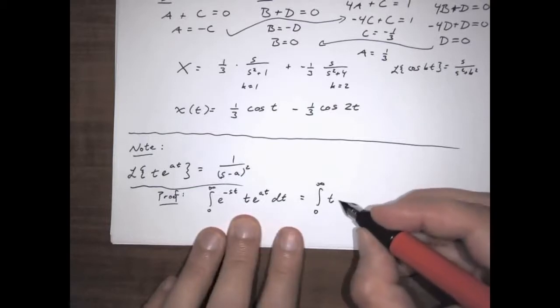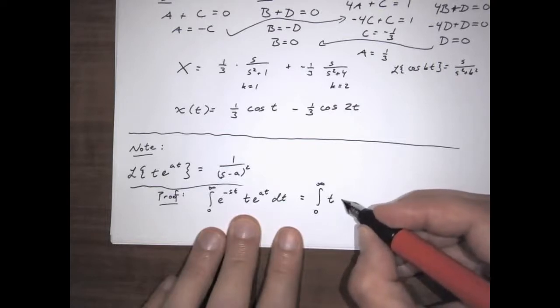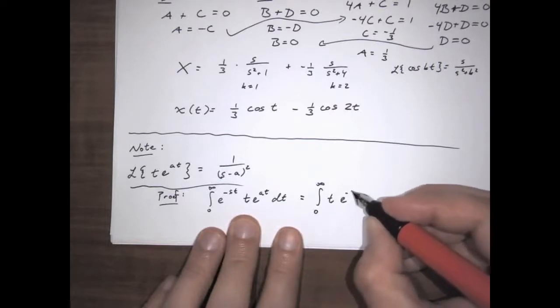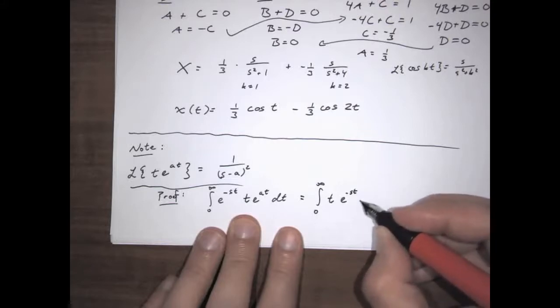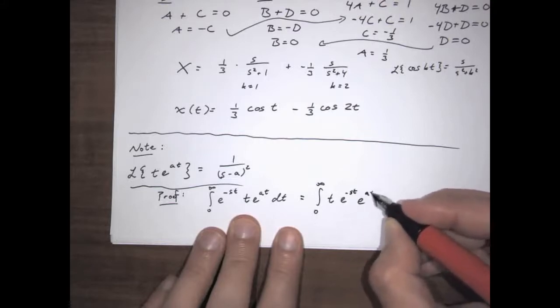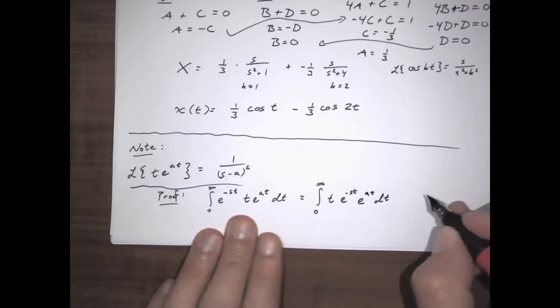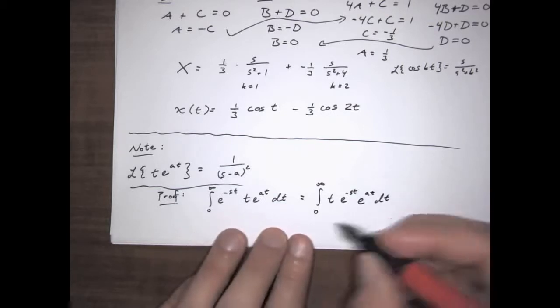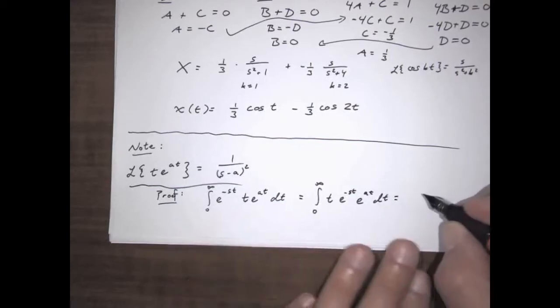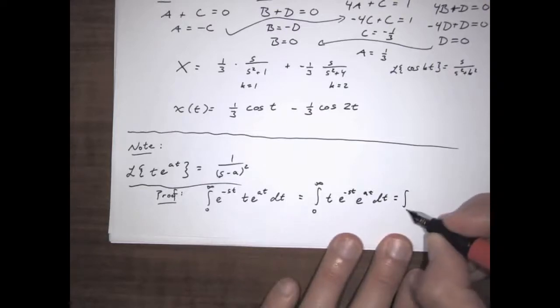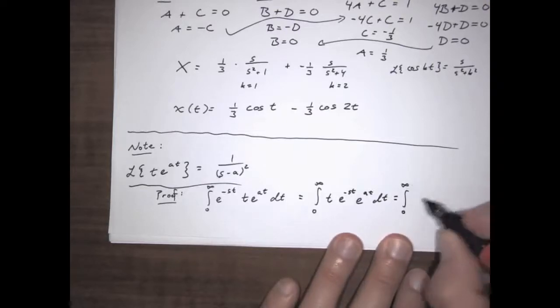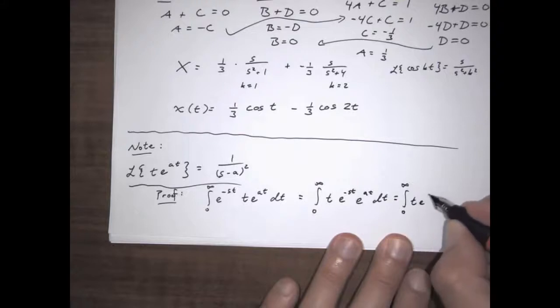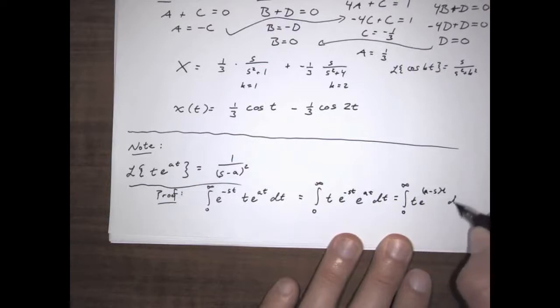So what I'm going to do is make this t the u, and I'm going to make the rest of it the dv. e to the minus st, e to the at dt, which according to the rules of exponents will give us 0 to infinity t e to the a minus s times t dt.